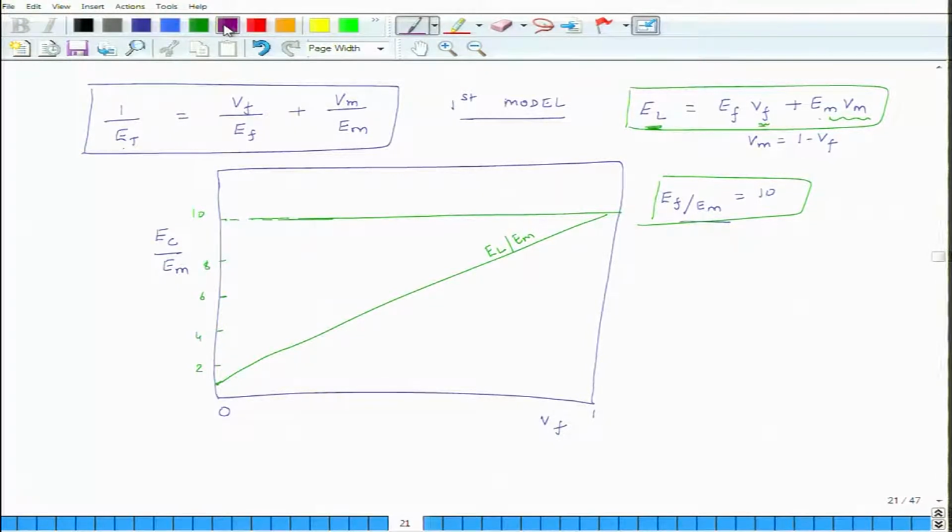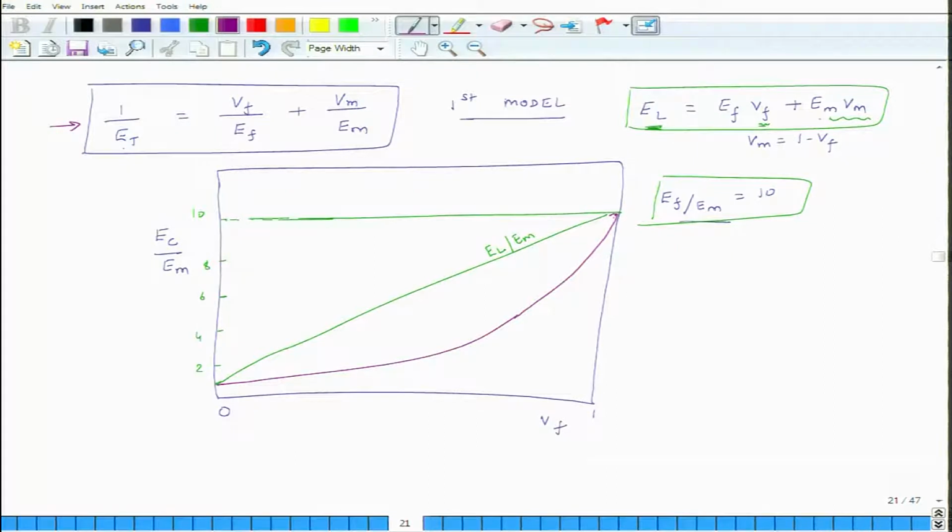Now, we use the other relation to compute the behavior of E_t over E_m. If we do all the mathematics, the graph looks something like this. It starts and ends at the same location.